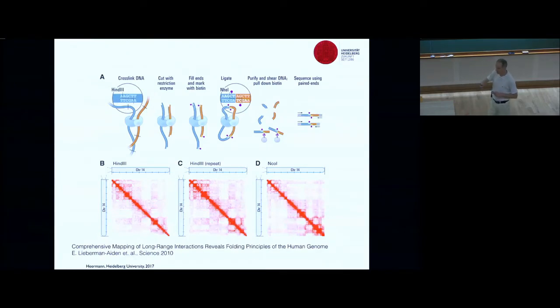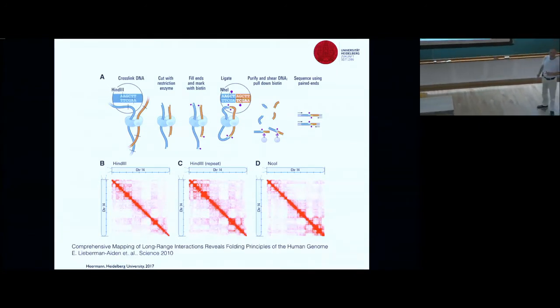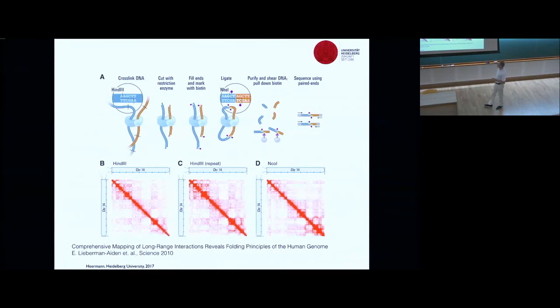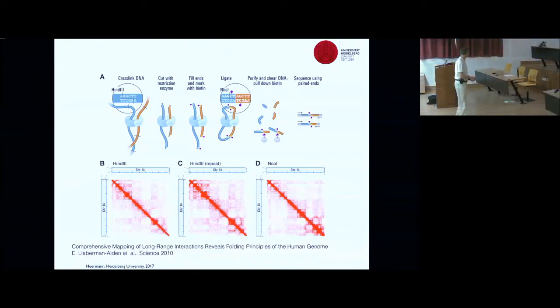Of course, there are resolution problems and all kinds of problems associated with this, and when you unbias the whole thing, the picture changes just a little bit. Given all these difficulties, you still find that there seem to be some kind of domains here, but let's not talk about TADs and all these issues. Let's talk about the fact that you also see signals way off diagonal, which means you have long-range contacts in there. So that's the message which comes from this.